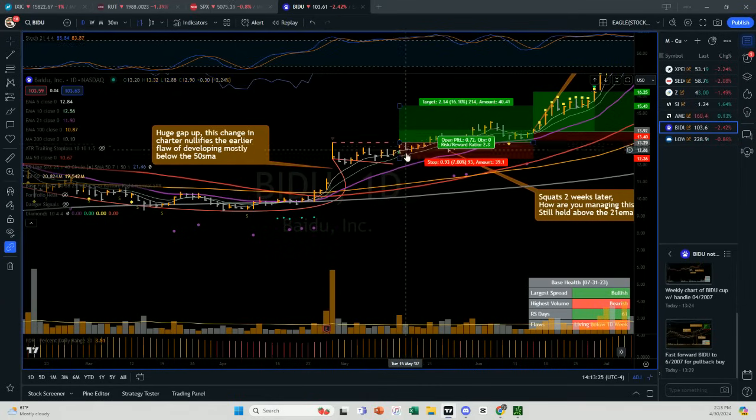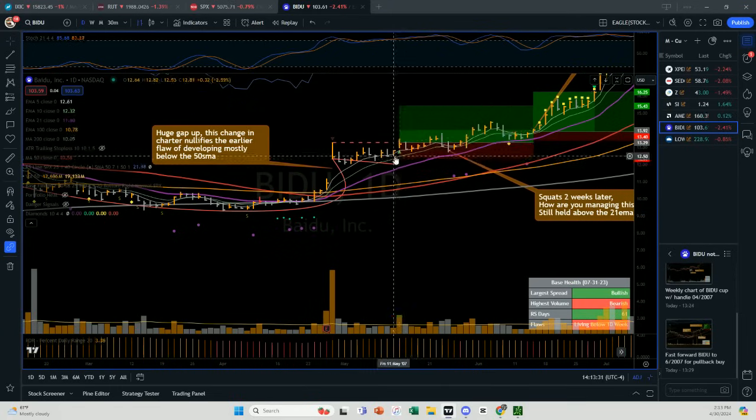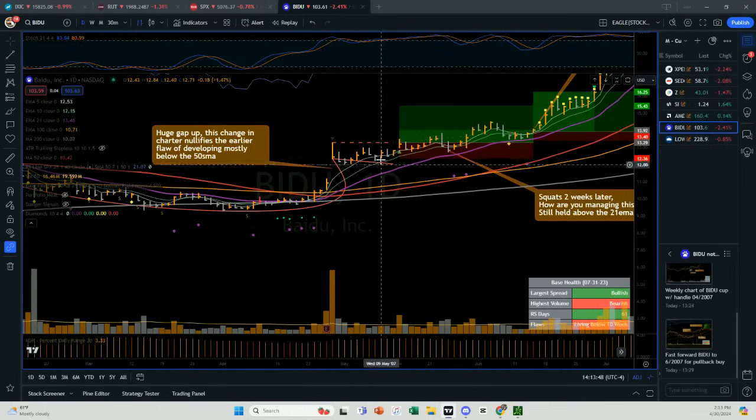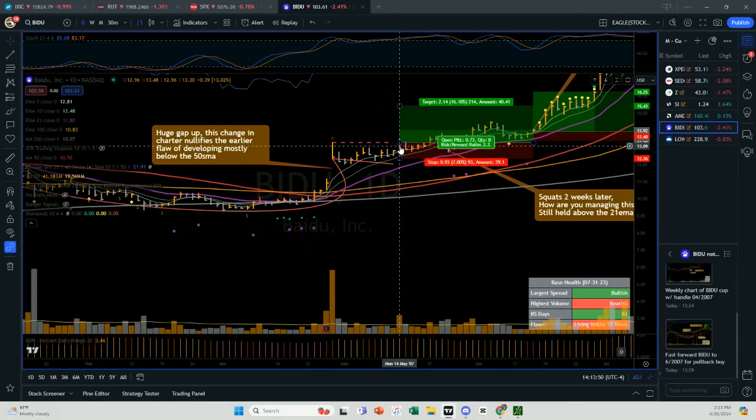But if you were getting in at this level and you wanted to have your stop below, say, the low or 7%, 7% would give you this area down here. And it doesn't stop you out of that.